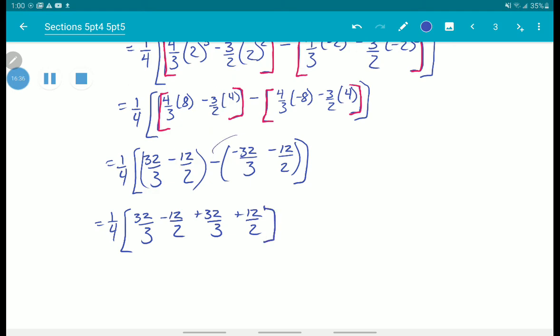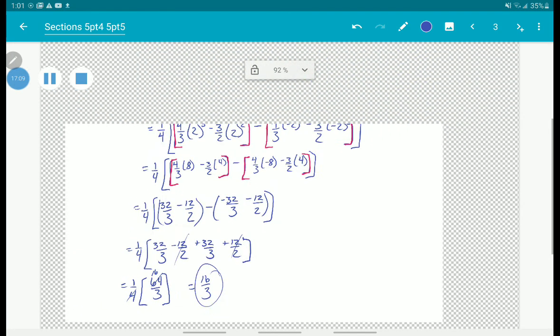So now I've distributed that negative to everything in there. And we end up with 64 over 3 plus 0 because those 12 halves cancel. So I have 1/4 times 64 over 3. But 4 and that 64 reduce. So this is going to give me 16 over 3. So there's my average value of the function over that interval.